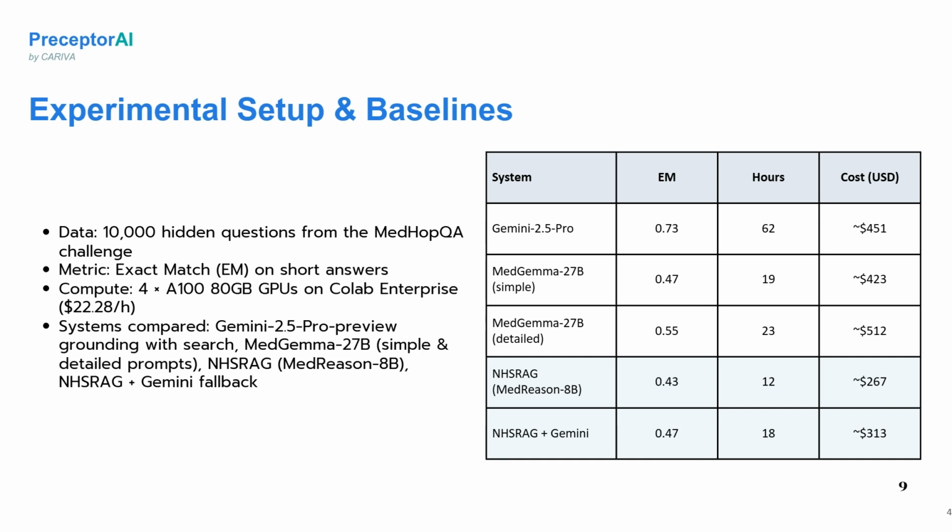And we use compute with a full 80 gigabyte GPU because we want less computation time, and it's performed on NHSRAG using the MedReason model with 4-bit quantization with the pipeline of NHSRAG.